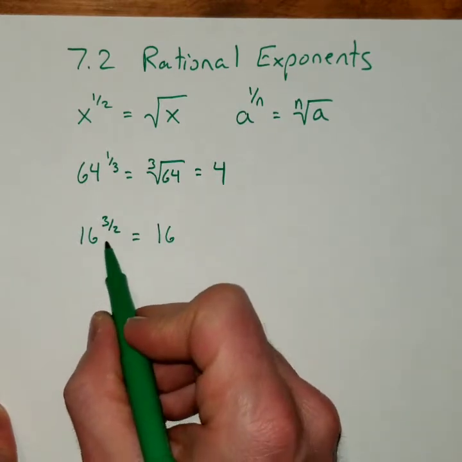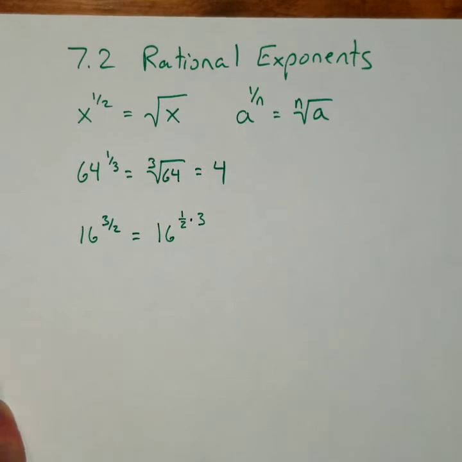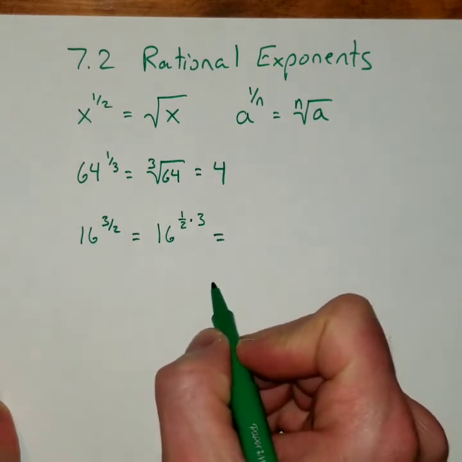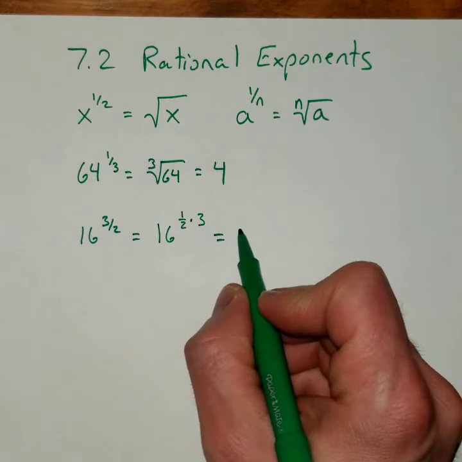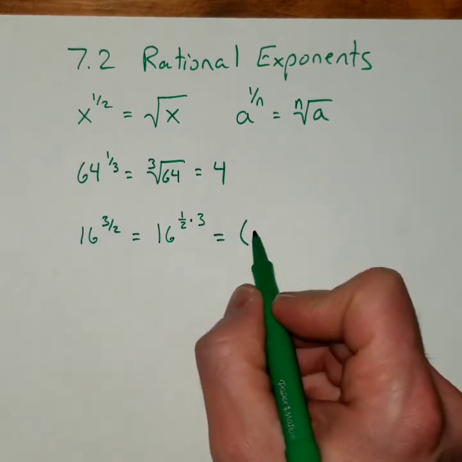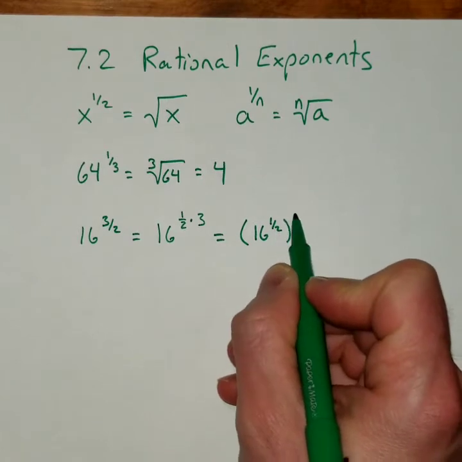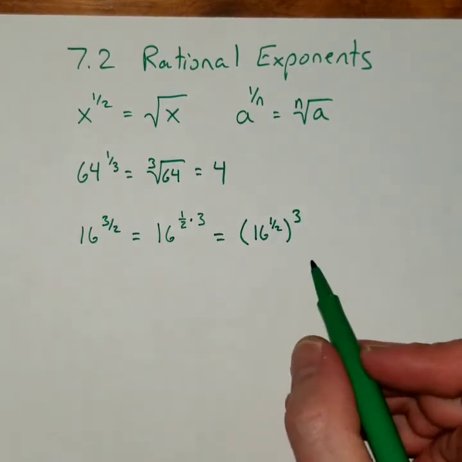I'm going to think of it as 16 to the 1/2 times 3. Okay, so 3/2 is the same as 1/2 times 3. And then by one of our exponent rules, we know that a product in the power is the same thing as a power raised to another power. So 16 to the 1/2 raised to the 3rd.